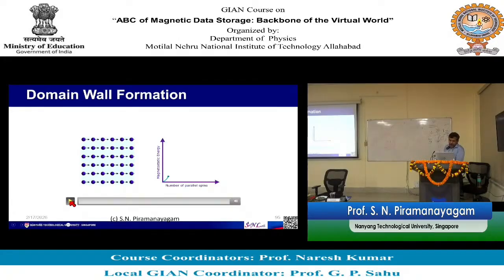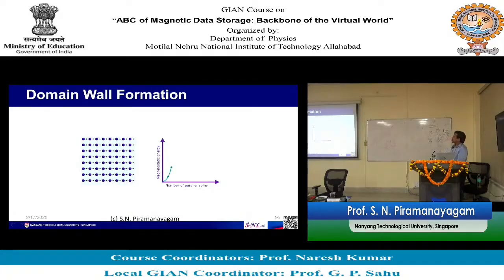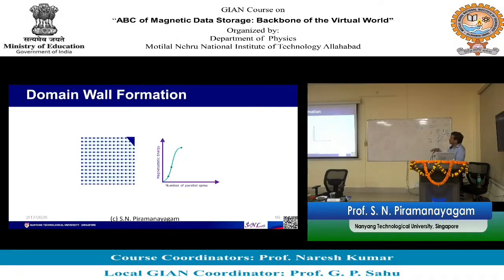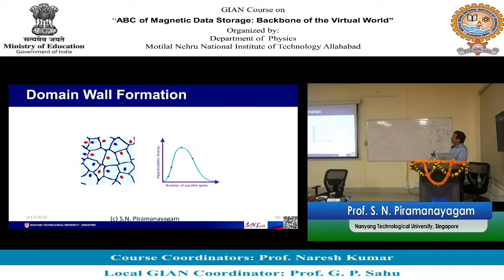I mean if all spins are parallel to each other, then the magnetostatic energy is large, but if you break into many domains, then you can minimize the magnetostatic energy. So, that is the reason why domains are formed and domain walls are formed between the two domains. Okay.